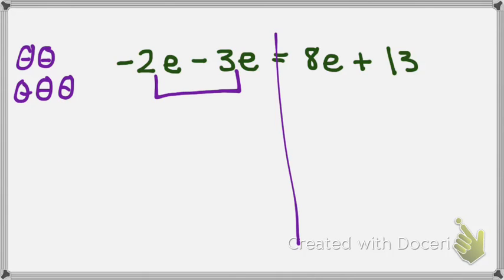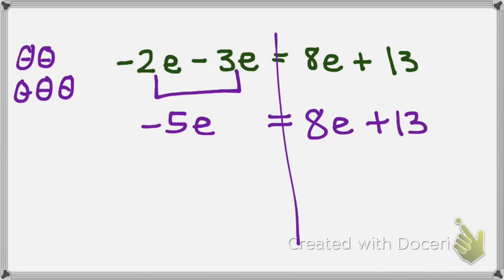So that's a total of 5 negatives, and we need our e there, equaling 8e plus 13. Well, because all we have over here on the left side is just bombs.